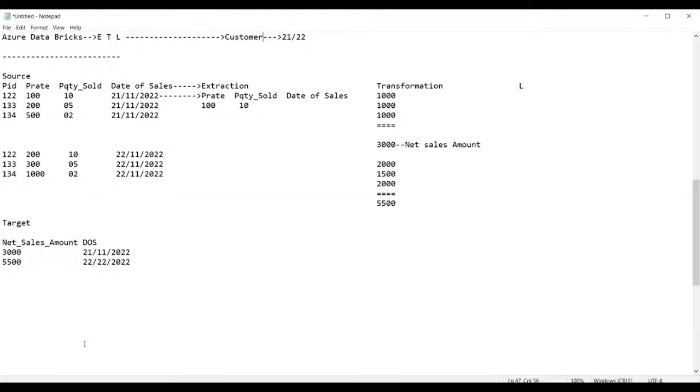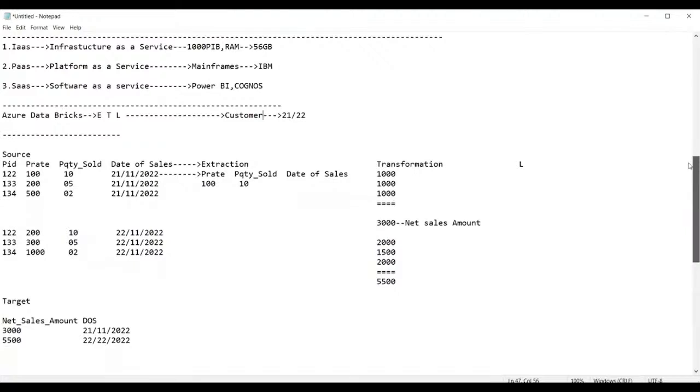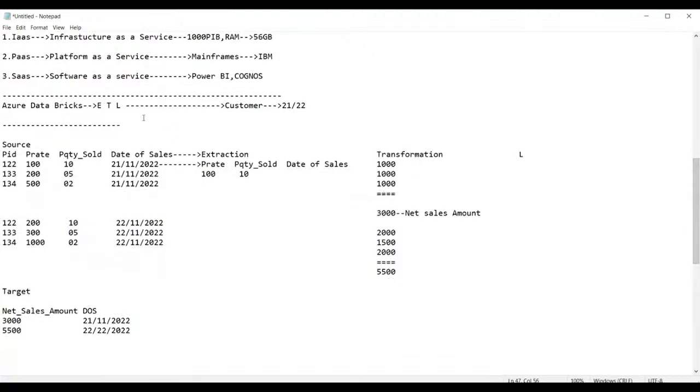This process is called extraction, transformation, and loading. And this is done using Azure Databricks, where extraction, transformation, and loading of data is done by the Azure Databricks. Clear, all of you now?